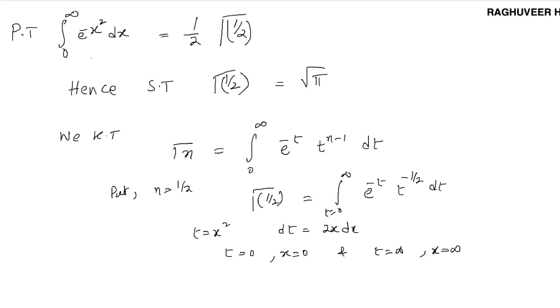Now let us proceed further. Let us substitute t as x square, dt as 2x dx, and also the limits.